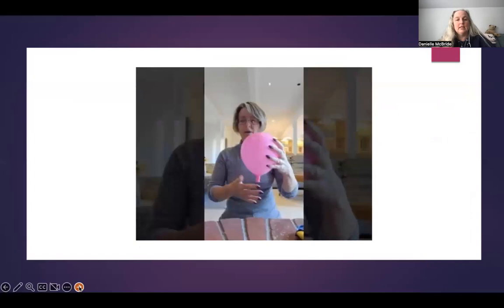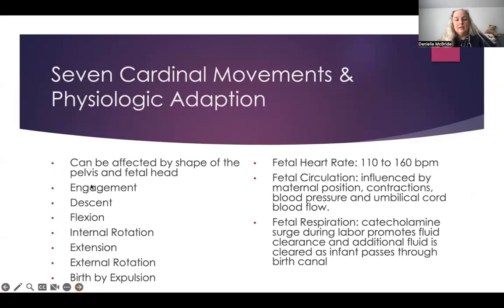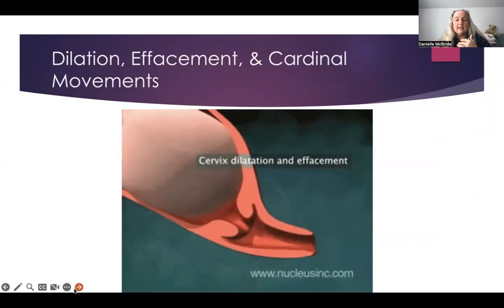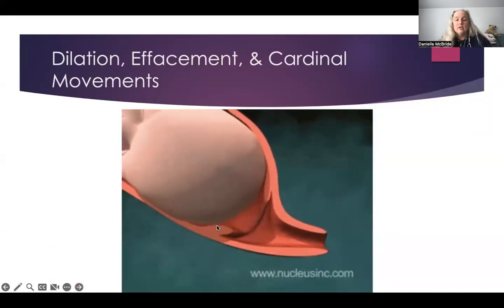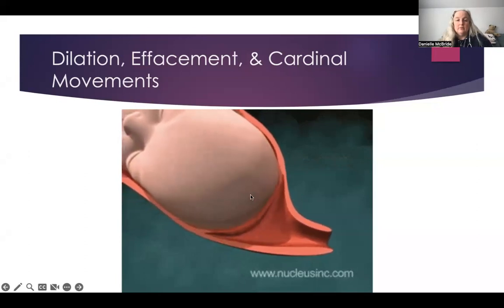Okay, so the way that this looks is the baby engages, and then we have descent. We get flexion. The baby internally rotates. As the head comes out of the birth canal, the baby's head extends, and then we get an external rotation and birth by expulsion. So that looks a little bit like this. Here we see the cervical dilation, the head is engaged, and we're coming down.